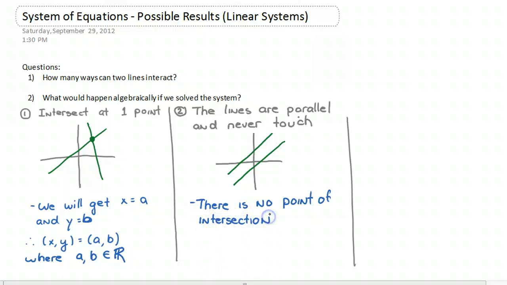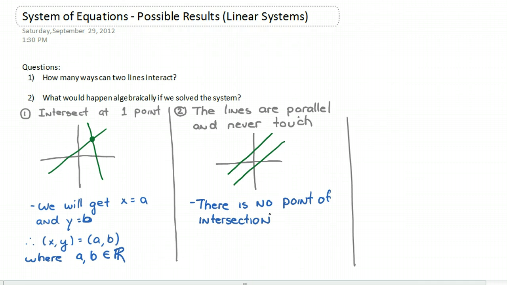One thing I really want to stress here when you're talking about a system where the lines are parallel and they don't intersect is you have to talk about both the fact that they're parallel and that they have a different b value. Because two lines could be parallel and have an infinite number of points of intersection. So it's very important that you include the fact that the lines are parallel and they have a different y-intercept or different x-intercept to really distinguish that idea.